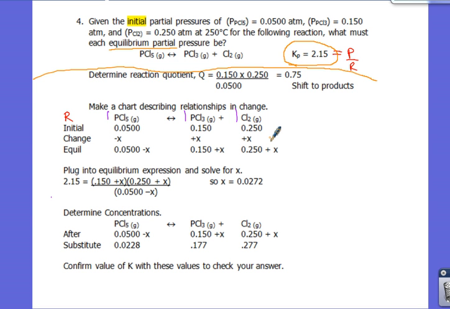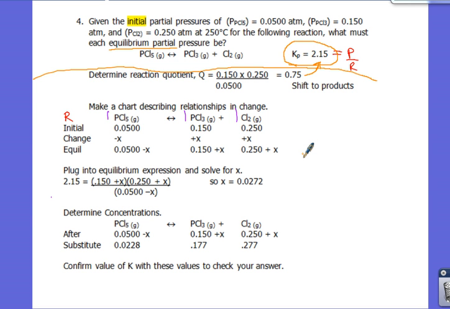So one of the first things I did is I put these values into the K expression, except this time it's really Q because we're not at equilibrium. So there's two products, they're on top. There's one reactant, so it's on the bottom. And when I figure out the reaction quotient here, when I do the math, I get 0.75. And if you compare 0.75 to K, 0.75 is less than K.